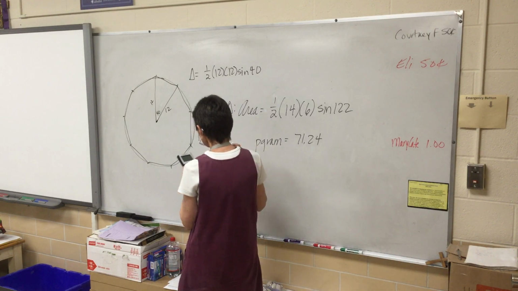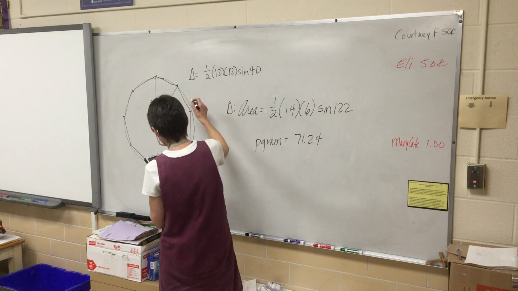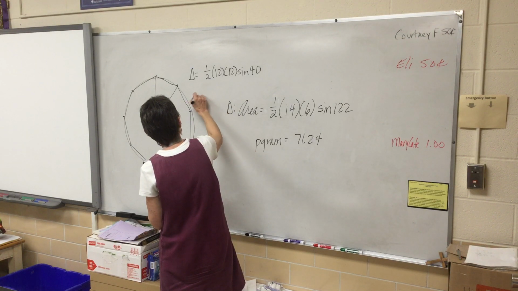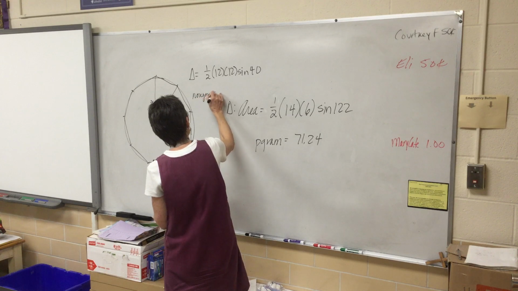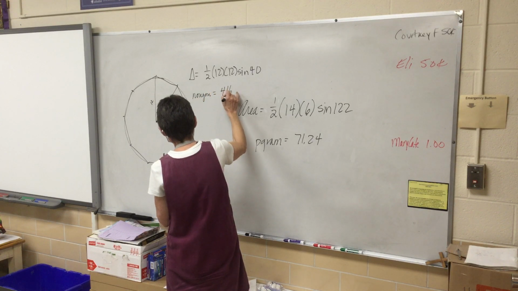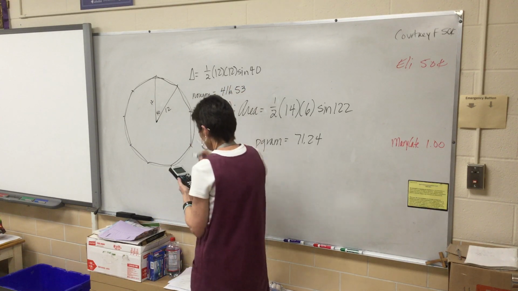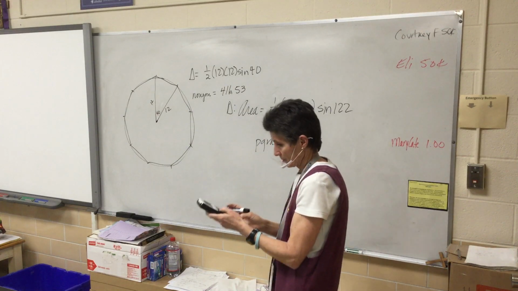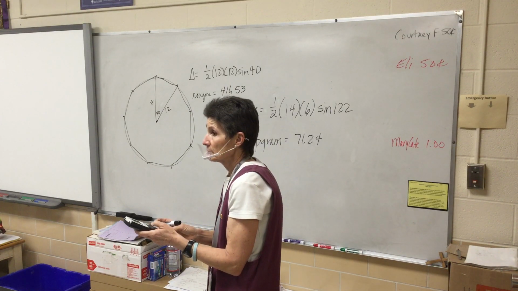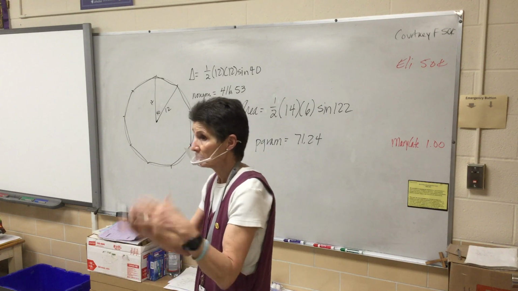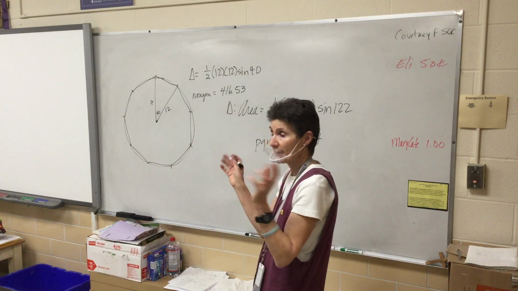I got 416.53 for the whole nonagon. 416.53. Everybody okay with that? No issues? We could whip that out in no time.